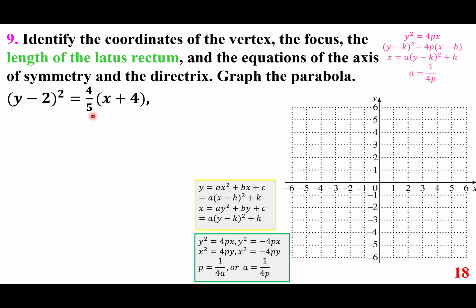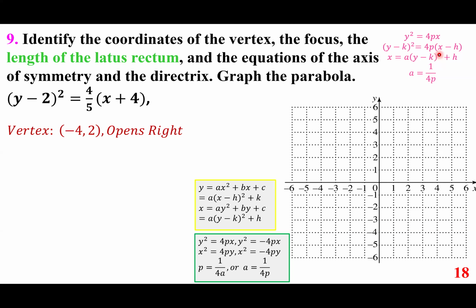I hope you recognize quickly that the vertex is at (-4, 2), and this opens to the right, because y has exponent 2, so it opens sideways, to the right or left. And this is positive, so it opens to the right. We can follow (y minus k) squared equals 4p times (x minus h).